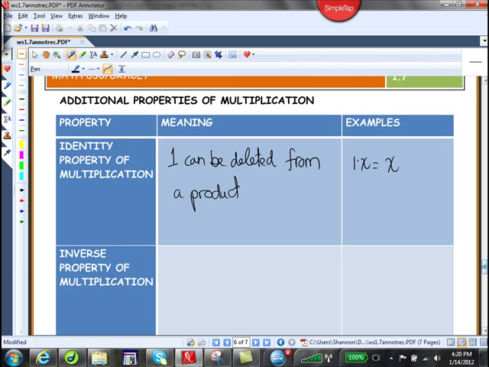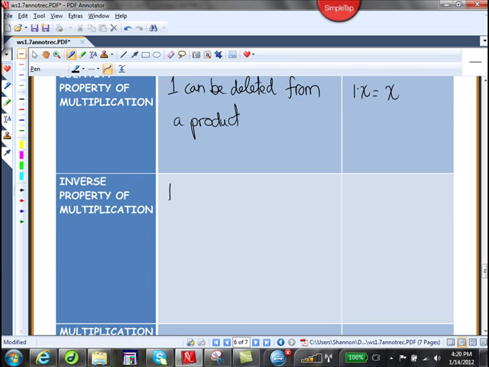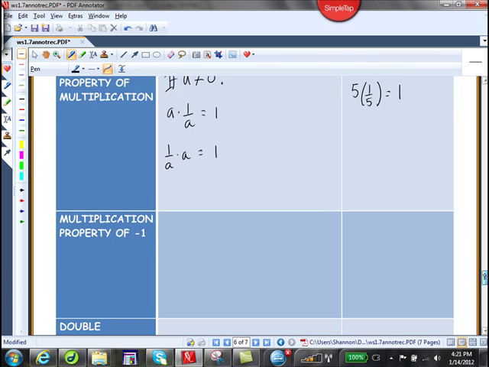The inverse property of multiplication is like this: if a is not equal to 0, a times 1 over a is equal to 1, and 1 over a times a is equal to 1. So let's take a look. If I had 5 times 1/5, that would be 1. So there's an example. And we use that all the time when we're solving equations.